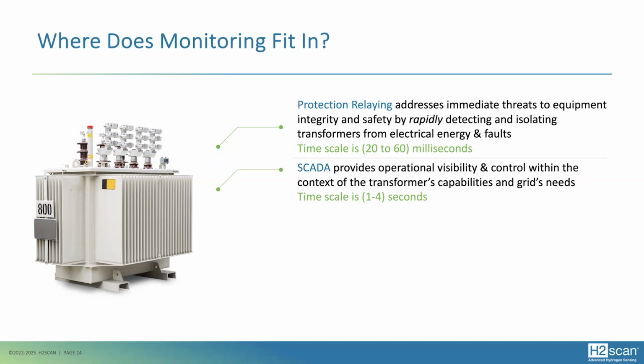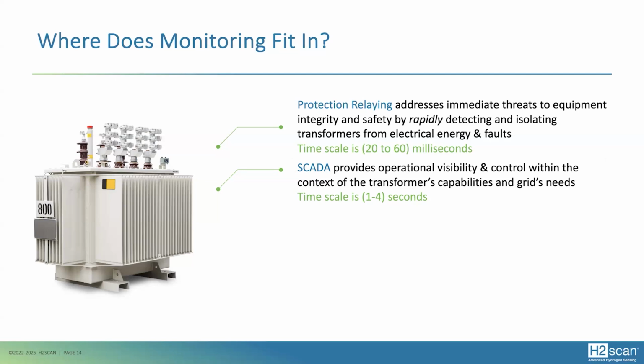I've also heard people say, well, we have SCADA, we monitor our transformers. Yes, you monitor your transformers for operational visibility and control within the context of what the transformer is supposed to do and the grid needs. The time frame for that, yes, it can be longer. I'm talking about the age of data.